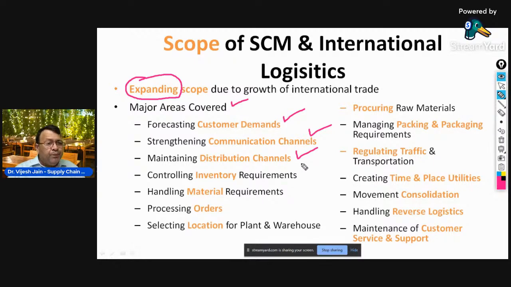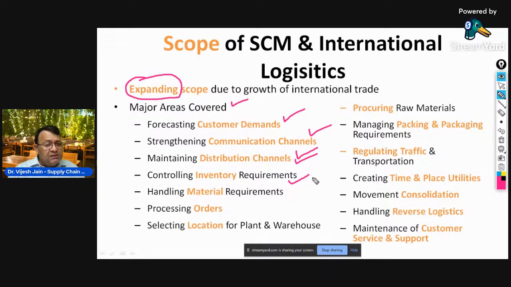So the scope, as I told you, is ever expanding and now includes even maintaining the distribution channels, controlling the inventory requirements at different points, starting from the origin of the goods and moving into the intermediate requirements, transshipments, and the port of discharge, all kinds of inventories, including the customs bonded warehouses internationally.